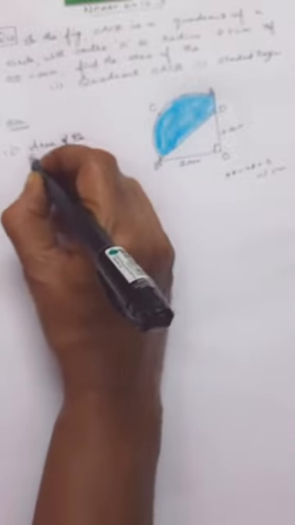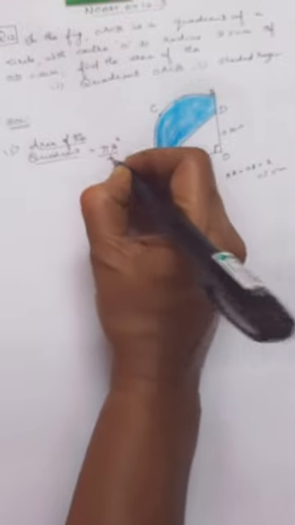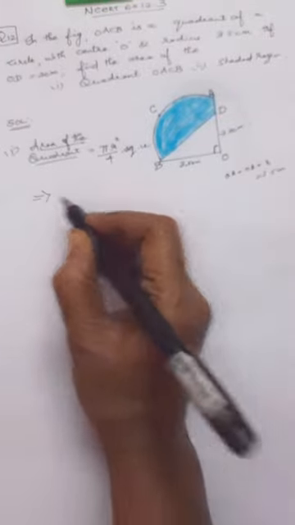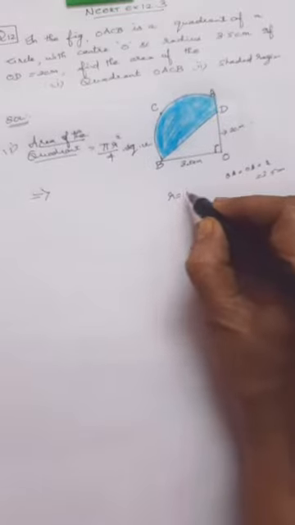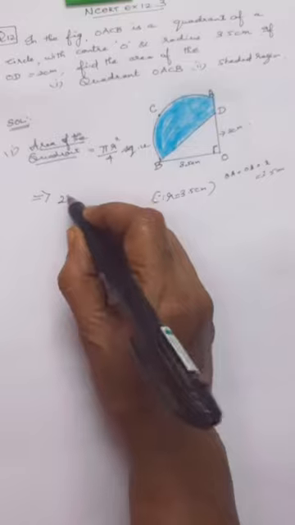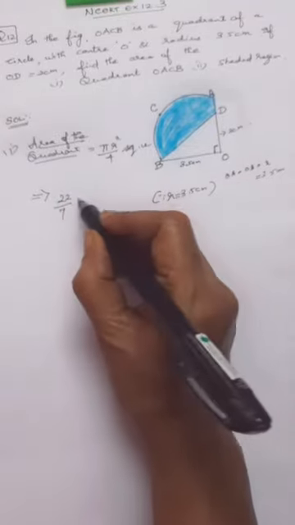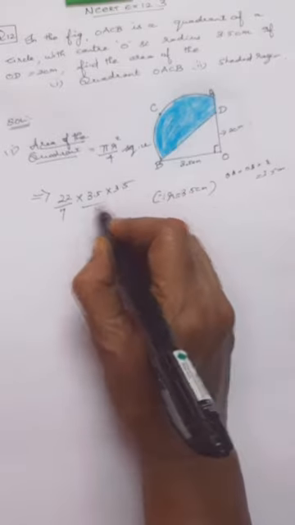Area of the quadrant equal to pi r squared by 4 square units. This is a formula. Now let us substitute the value. R equal to 3.5 centimeter. 22 by 7 pi, and R is 3.5 into 3.5 by 4.